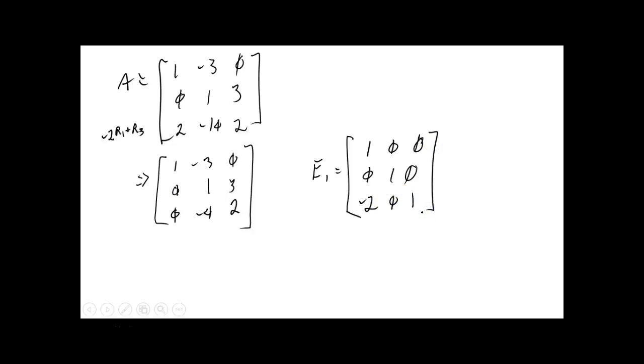All right, there's our elementary row operation. And guess what else we're going to have to do? The inverse. E1 inverse is going to be what? 1, 0, 0 doesn't change. 0, 1, 0 doesn't change. What did I just do to get to this first one? We did this operation here. This might be helpful.